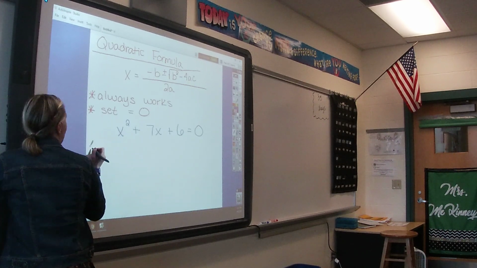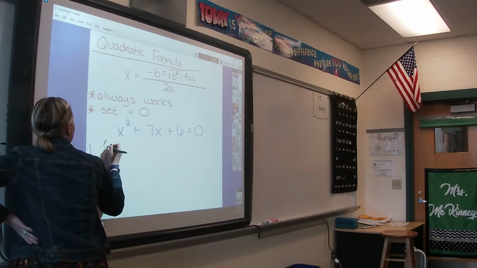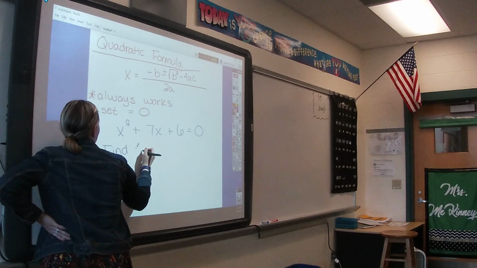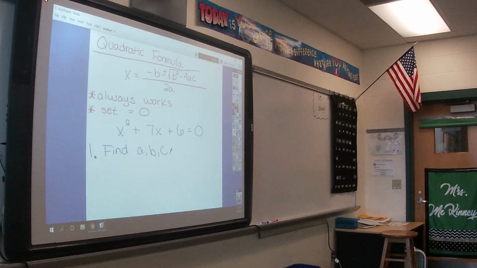Your first step to use the quadratic formula is going to be to identify a, b, and c. We need to decide what a, b, and c equal. If you do not pick these correctly, everything else is wrong. That's the problem with using a formula. If we're not plugging the correct numbers into it, it's not going to work out. So we have to find a, b, and c appropriately.